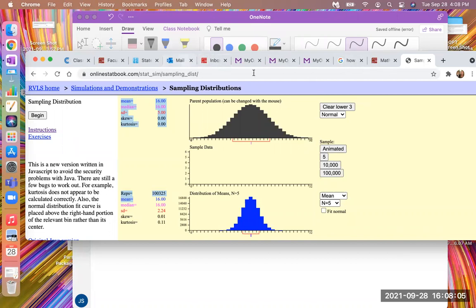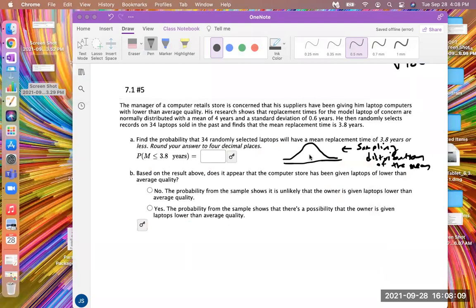So let's go back to this problem. Like I said, we need that blue distribution, and there's a formula for its standard deviation. They said the mean of this new sampling distribution, which they call X bar, is the same as the mean of your original distribution.